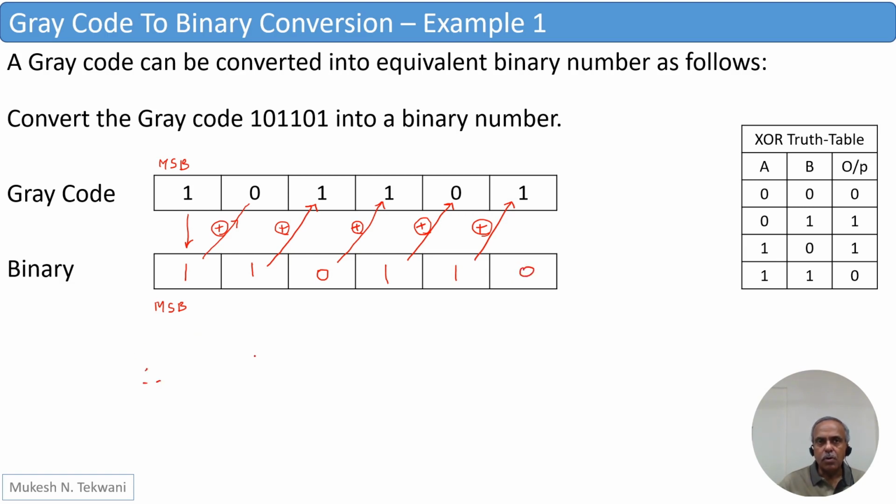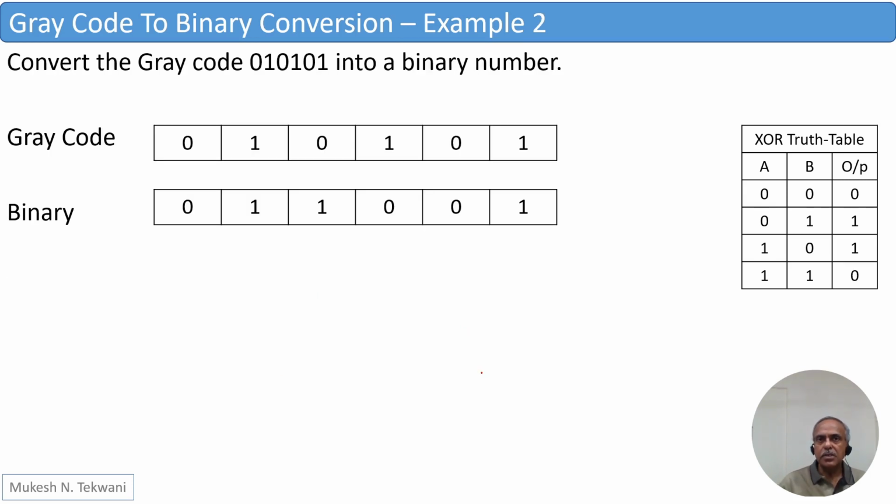And therefore, we can say that 101101, this is of the gray code. Let us just write this subscript as GC, gray code. This is equivalent to 110110, this is of the equivalent binary value.